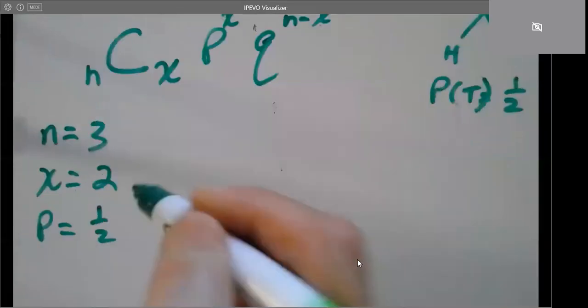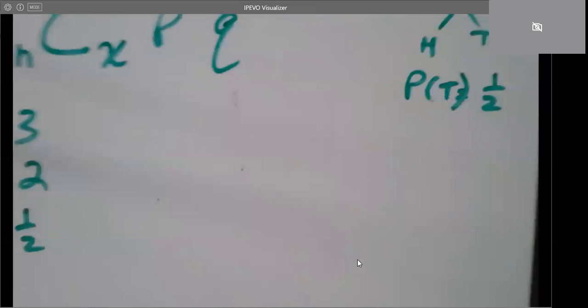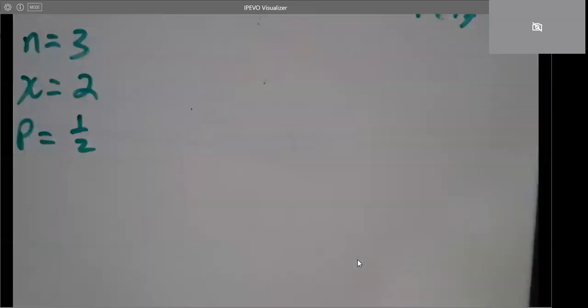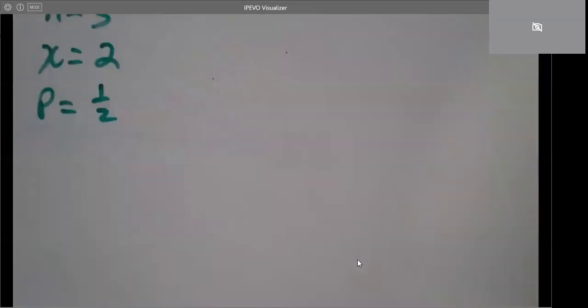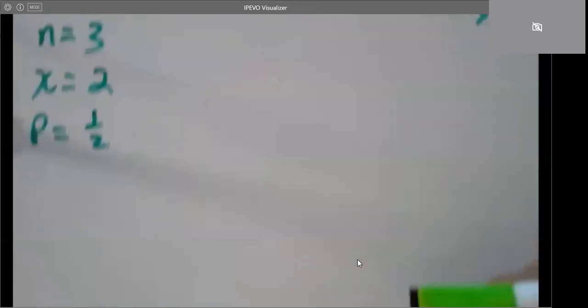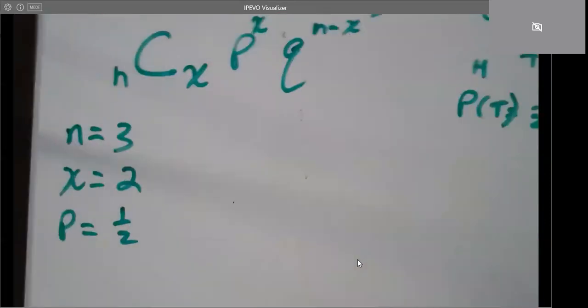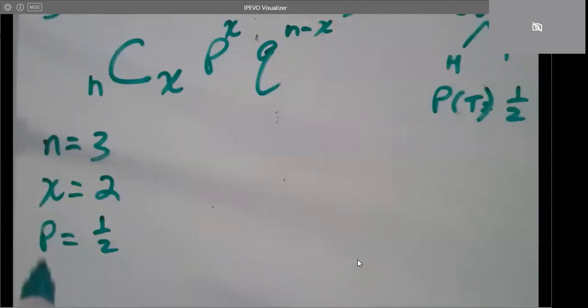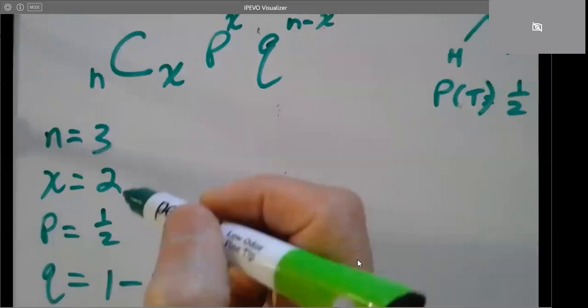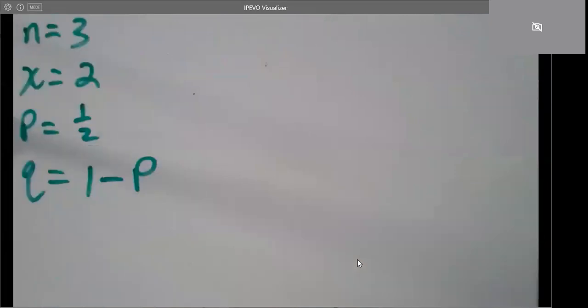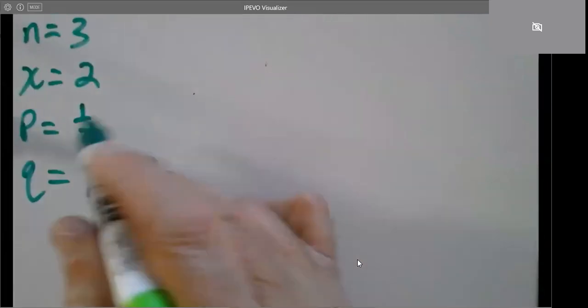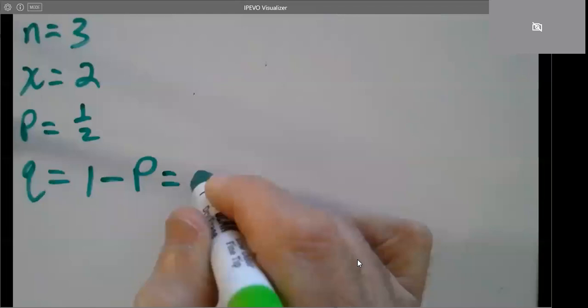So p is 1 over 2. The probability of failure, which doesn't necessarily mean a bad thing, it just means you're not getting tails, is q. And q is equivalent to 1 minus whatever p is.